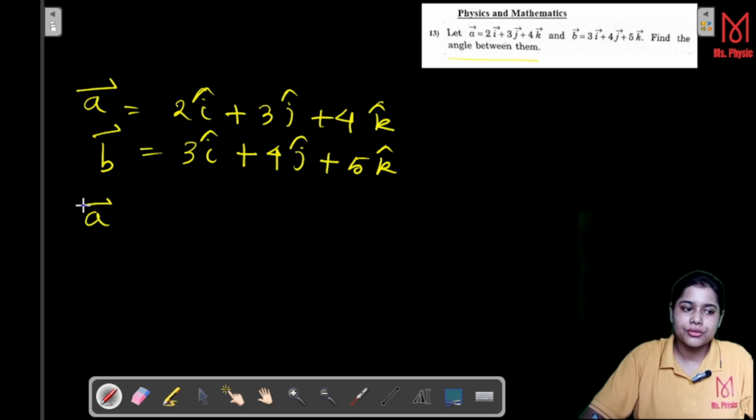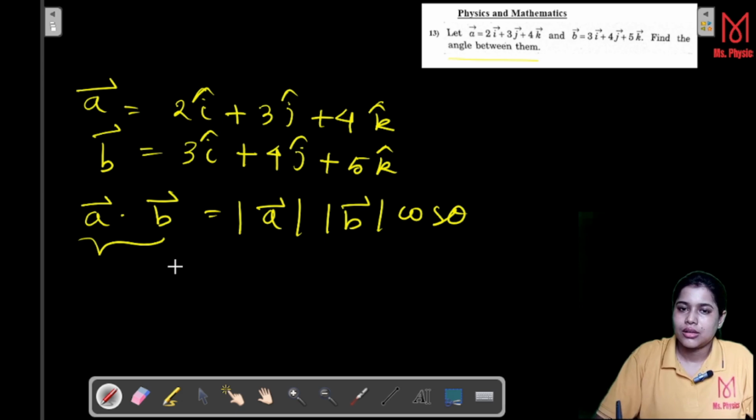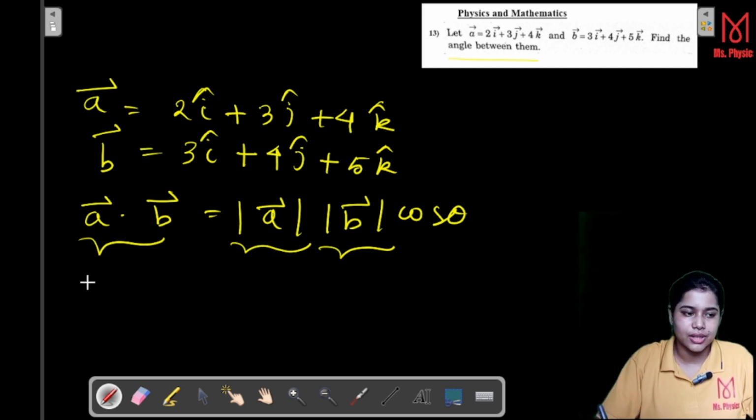We know the formula for the dot product, that is A dot B is equal to mod A mod B cos theta, right? Now you have to find first A dot B, then mod A, then mod B. One by one we will calculate.